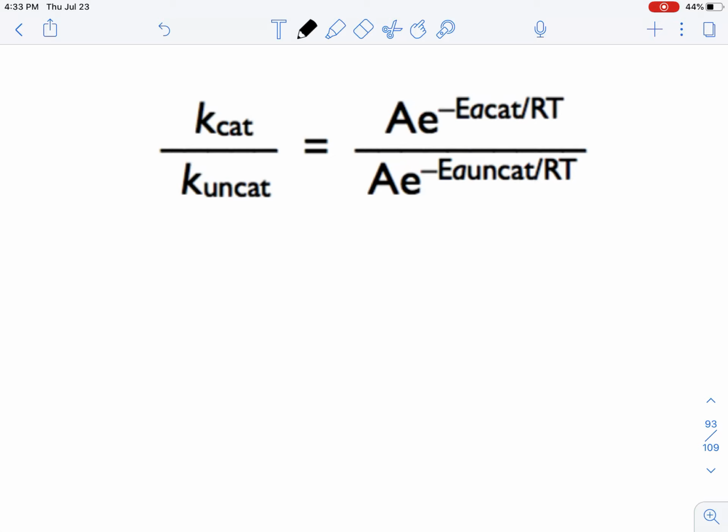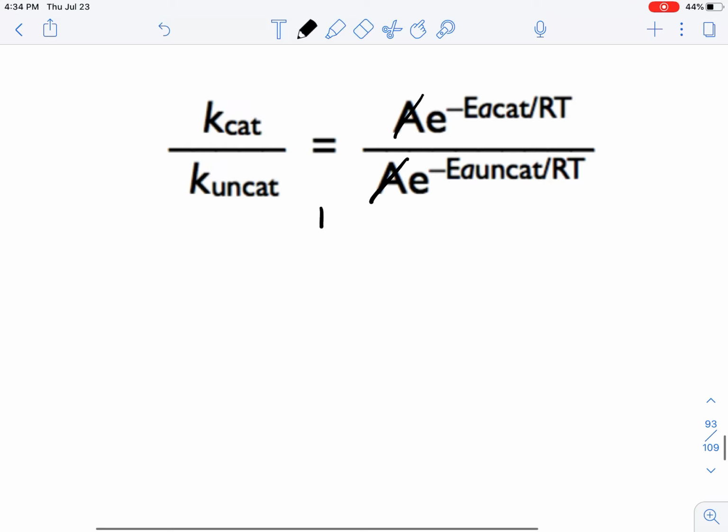First, by taking the ratio of the catalyzed and uncatalyzed reaction, we can cross out the frequency factor, since they're going to be the same.